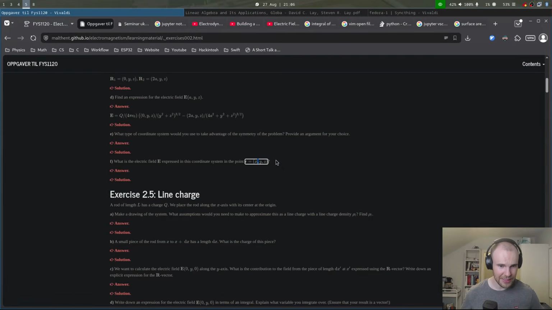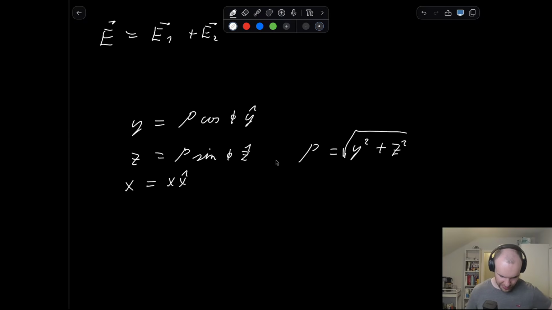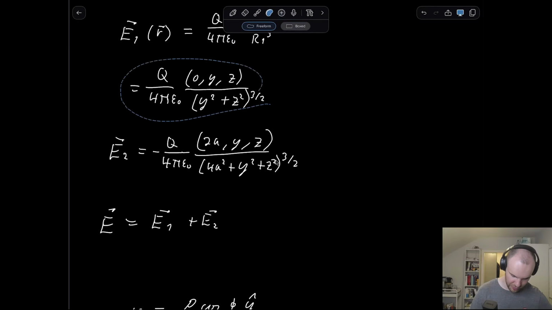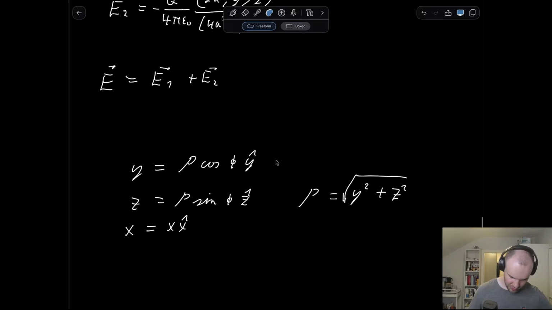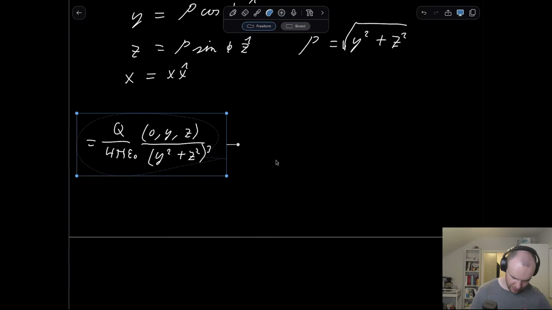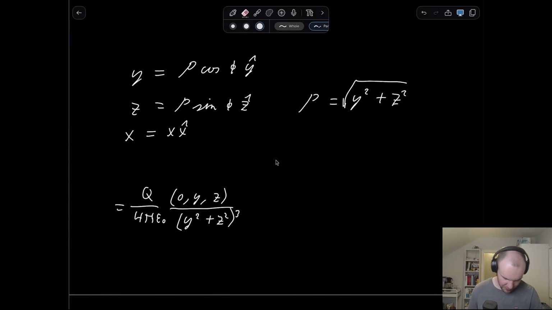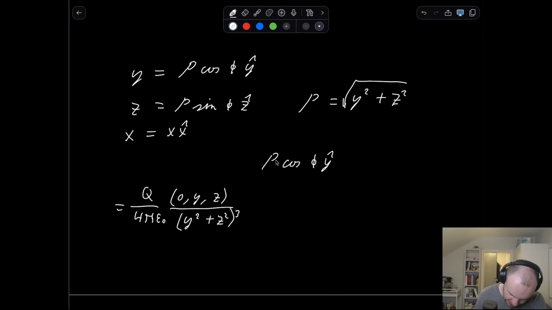Okay, so now we have to set up the electric field. And all you have to do is just substitute for our expressions. So what you can do now is just directly translate. For y and z, you get rho cosine of phi y hat plus rho sine of phi z hat.